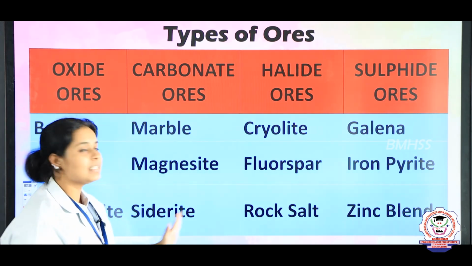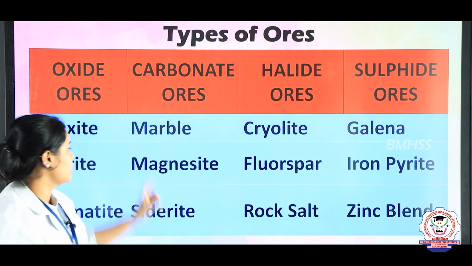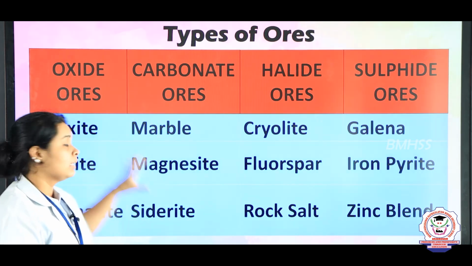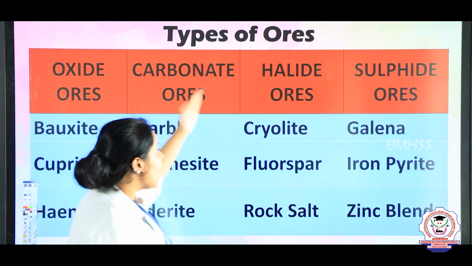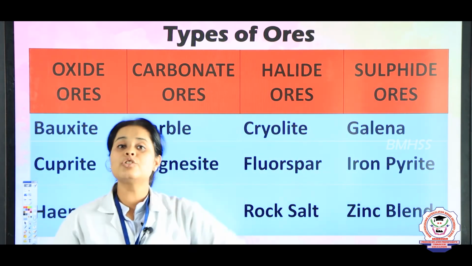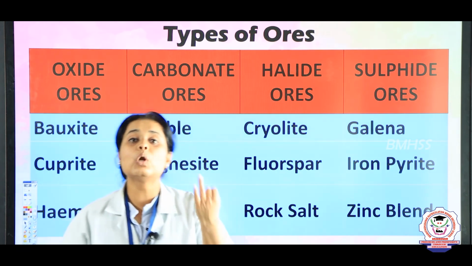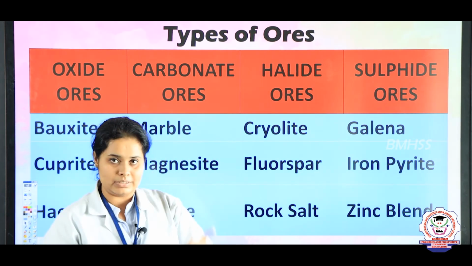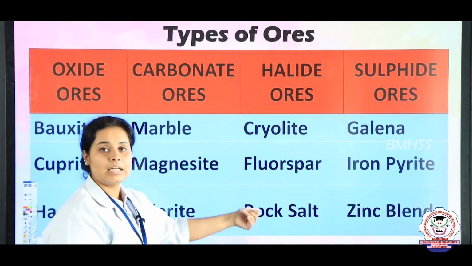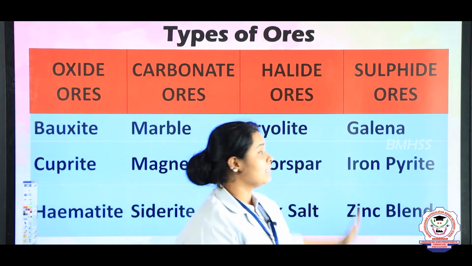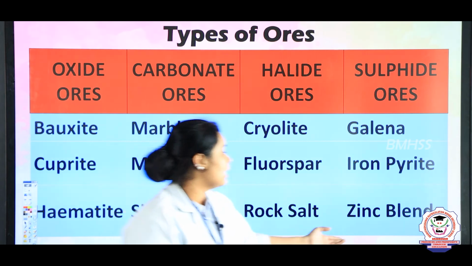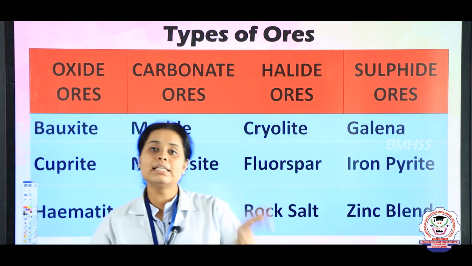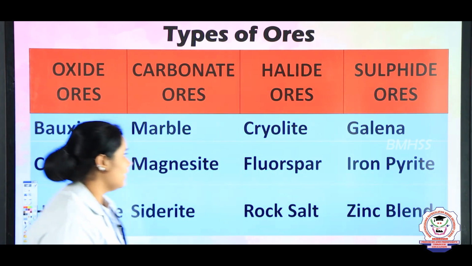In the same way, carbonates have CO3 present, like calcium carbonate, magnesite and siderite. Halides mean halogens are present: fluorine, chlorine, bromine, iodine, astatine. And the last are sulfides, in which sulfur is present, such as zinc blende, which is zinc sulfide.